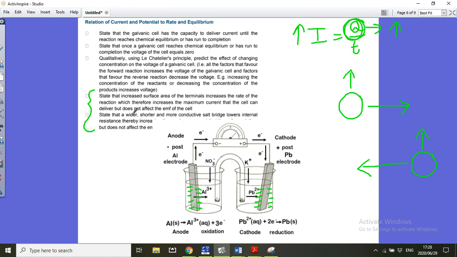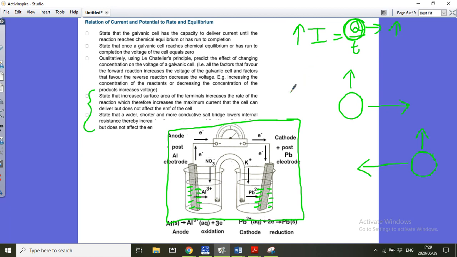Now, if I look at the salt bridge, this is basically a whole battery, if you think back to electricity. Now, if I can make it easier for electrons to flow, it means my current will go up because I'll have more electrons per unit time. So if I make this salt bridge very short and give it a big surface area, so that means a short, fat salt bridge, then there's going to be less internal resistance.